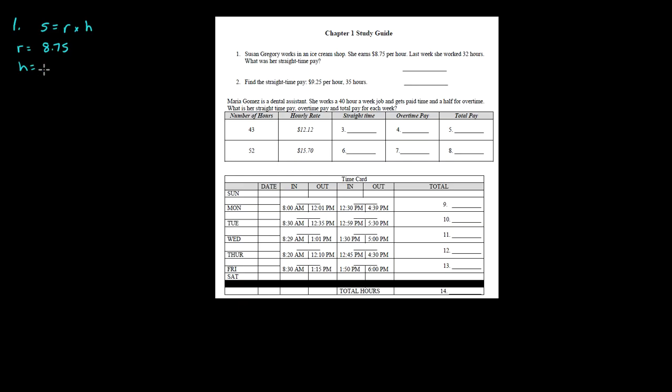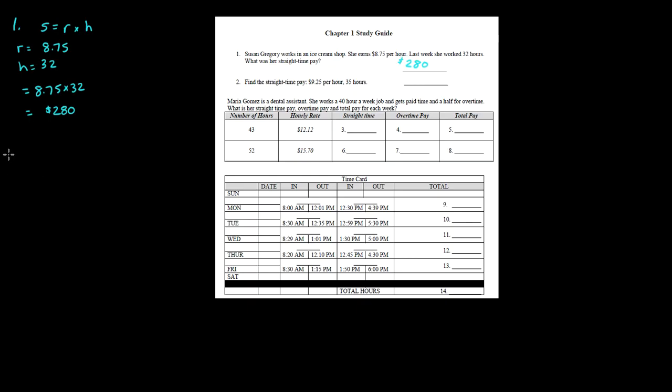The hours worked looks like it's 32. So I'm simply going to take 875, multiply it by 32, and I should get $280. So that's my answer for number 1.